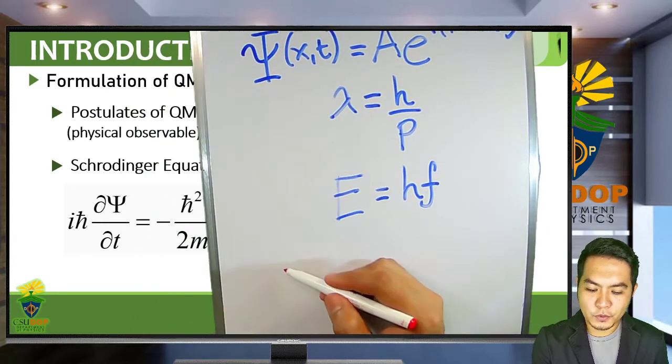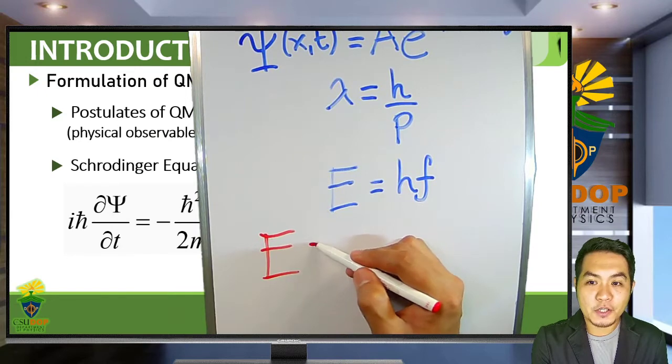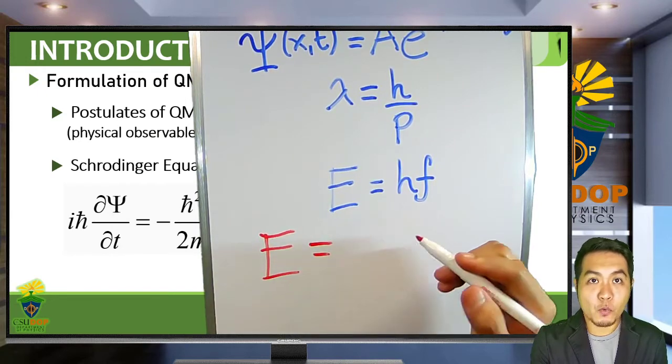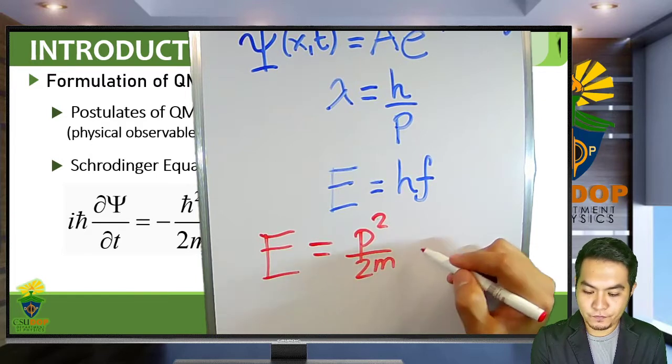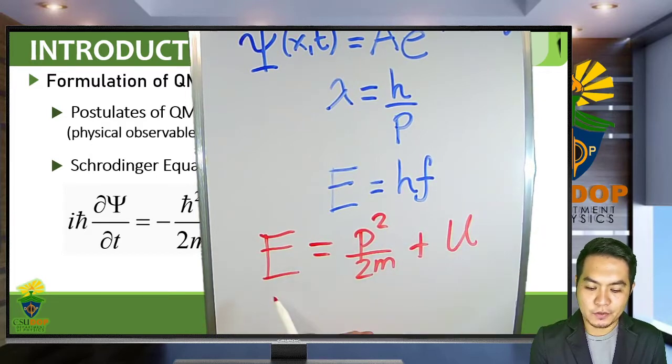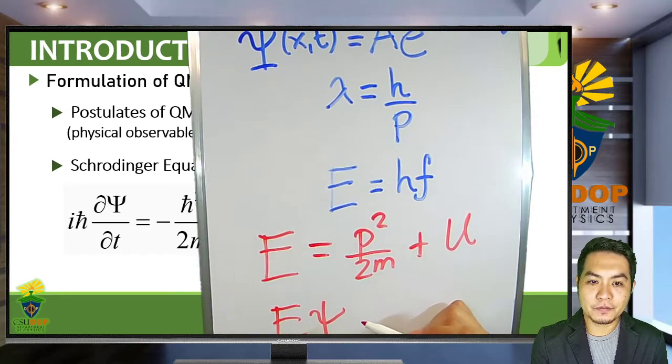And we'll also use the total energy operator, which is just kinetic energy, 1/2 mv squared, or in terms of momentum, p squared over 2m, plus the potential energy. So this is the energy operator. And we will let the energy operator act on psi.